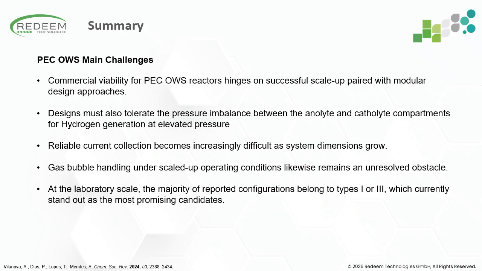At elevated pressures, pressure balancing between the anode and cathode compartments becomes an additional design challenge. Based on the literature surveyed, type 1 and type 3 reactor architectures currently appear to be the most promising candidates for future scale-up.